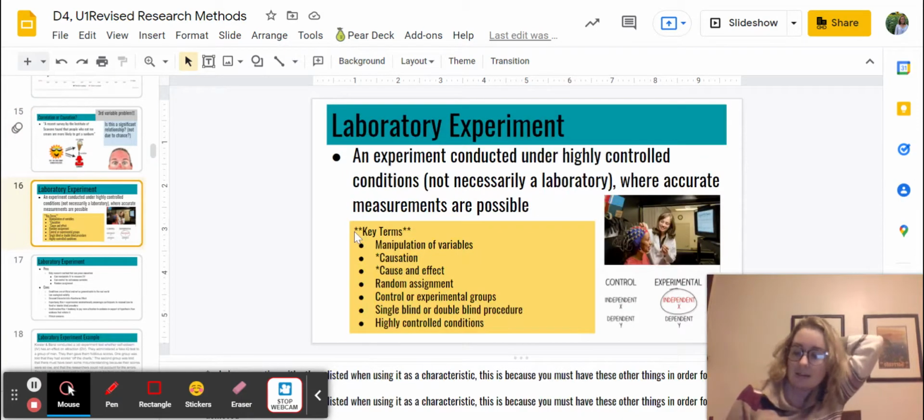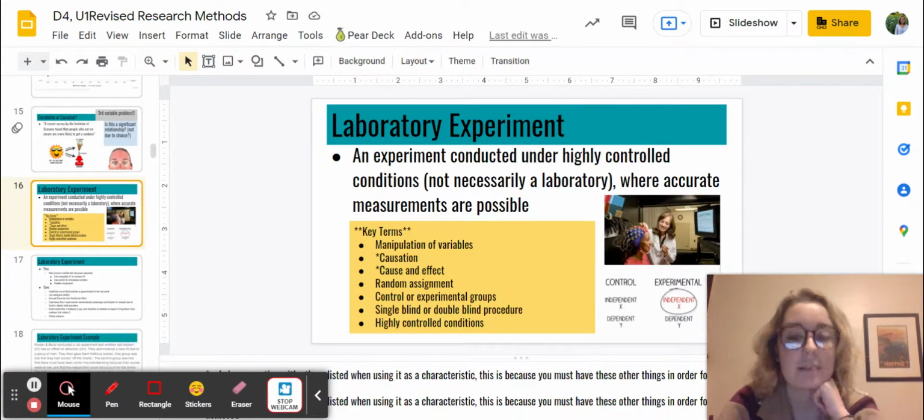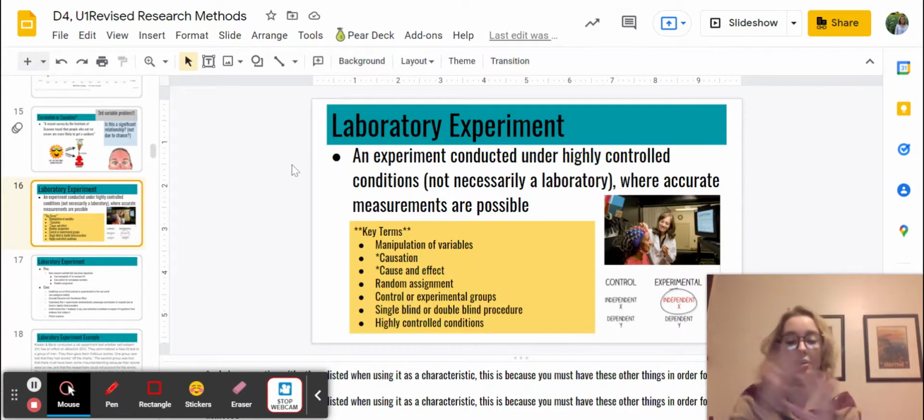All right, so now we're going to get into the different types of experiments. And we're going to talk about what they are, look at the key terms associated with them, because we know those buzzwords are important to reference, and then talk about the pros and cons. So we said laboratory experiment. Know that a laboratory experiment is the only one that can prove causation.